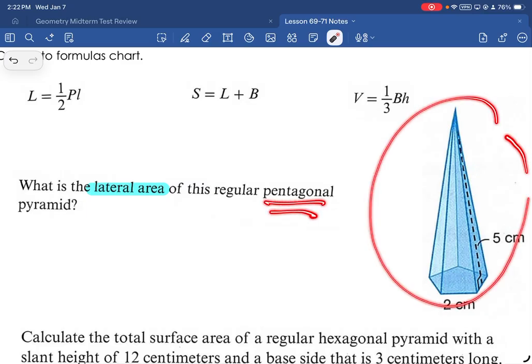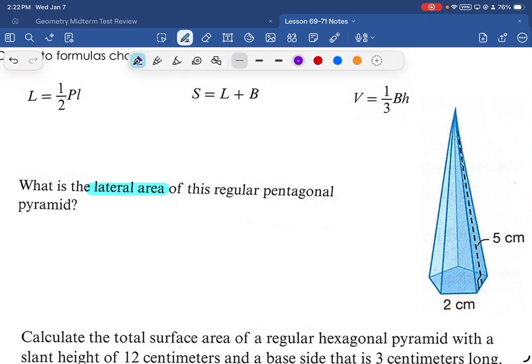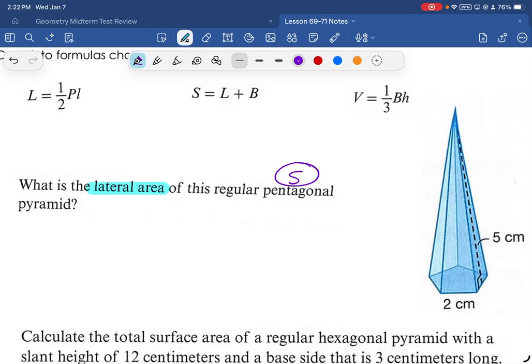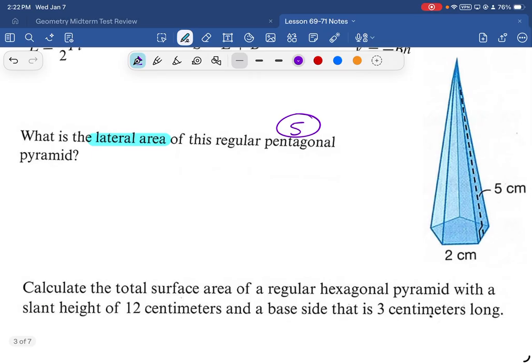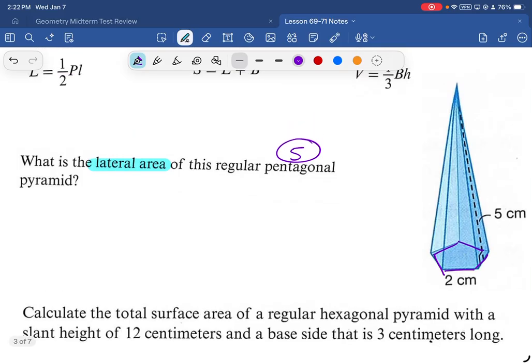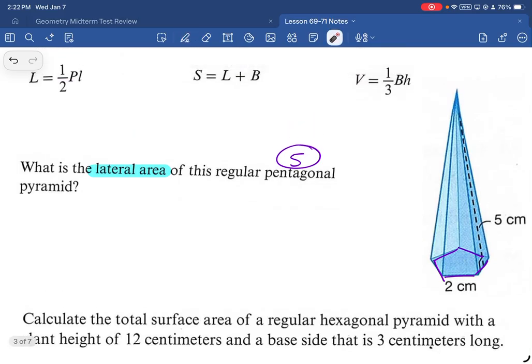Because you need to know that. Very good. Pentagon means 5 sides. So I'm just going to write that above the word pentagon. Luckily enough, they gave us a diagram to go with it. So even if we didn't know what pentagonal meant, we could see 1, 2, 3, 4, 5 down at that bottom. Okay, so lateral area.